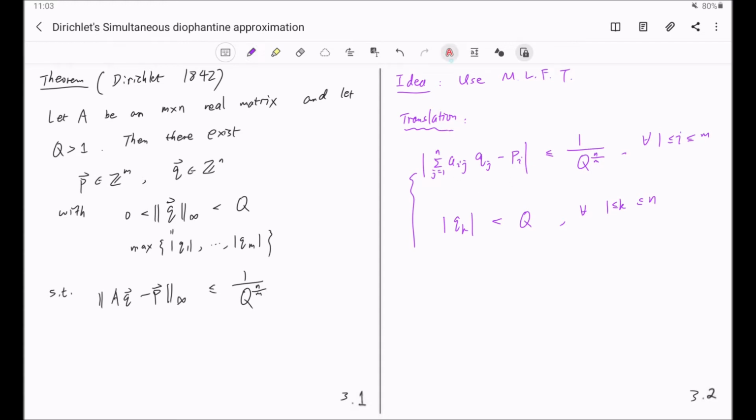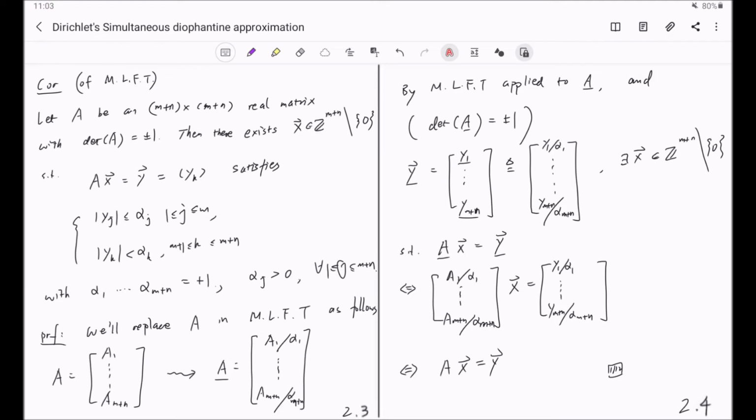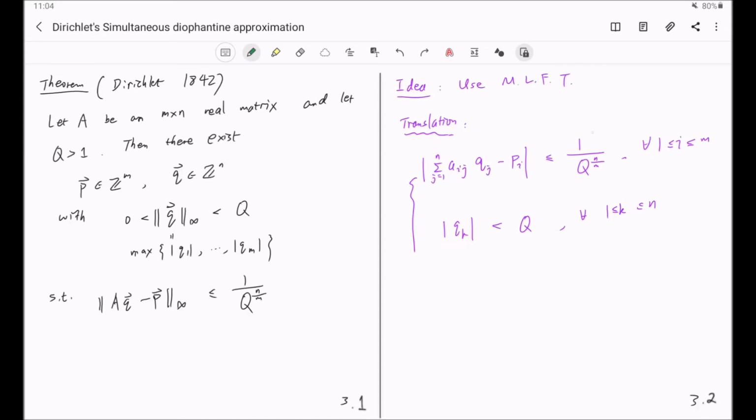Does this remind you of the Minkowski linear form theorem? Yes. Specifically, we are talking about this corollary of the linear form theorem. Here, this guy plays the role of r_i, and this guy plays the role of r_k in the linear form theorem.